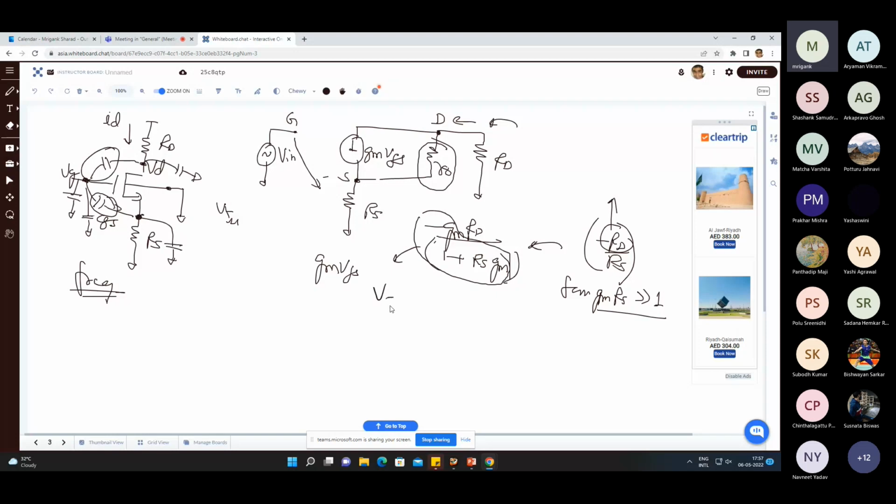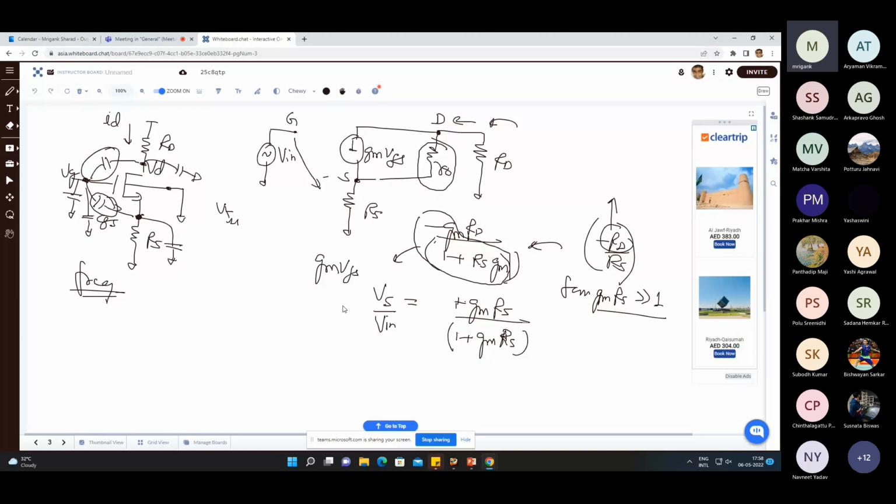So Vs upon Vin in this case is GMRS upon 1 plus GMRS. Here you have basically no inversion.